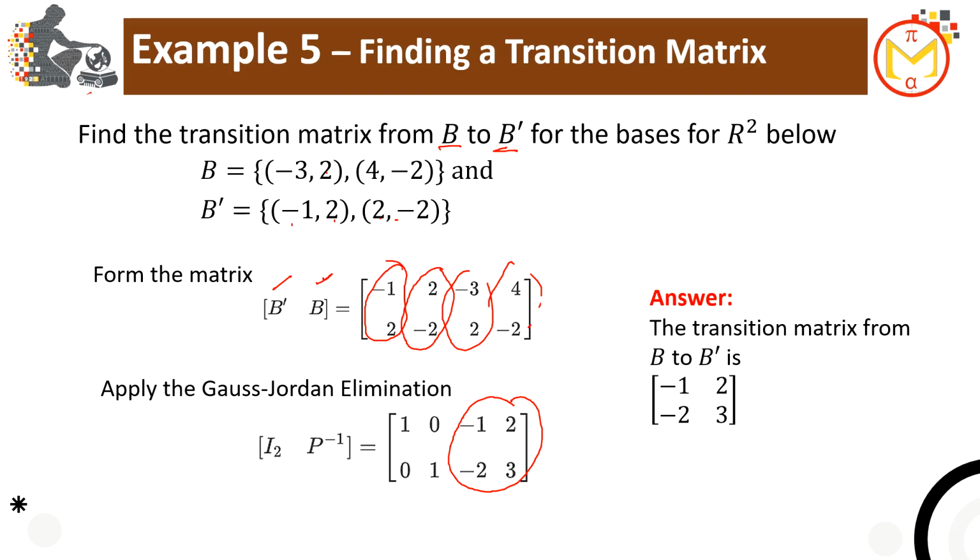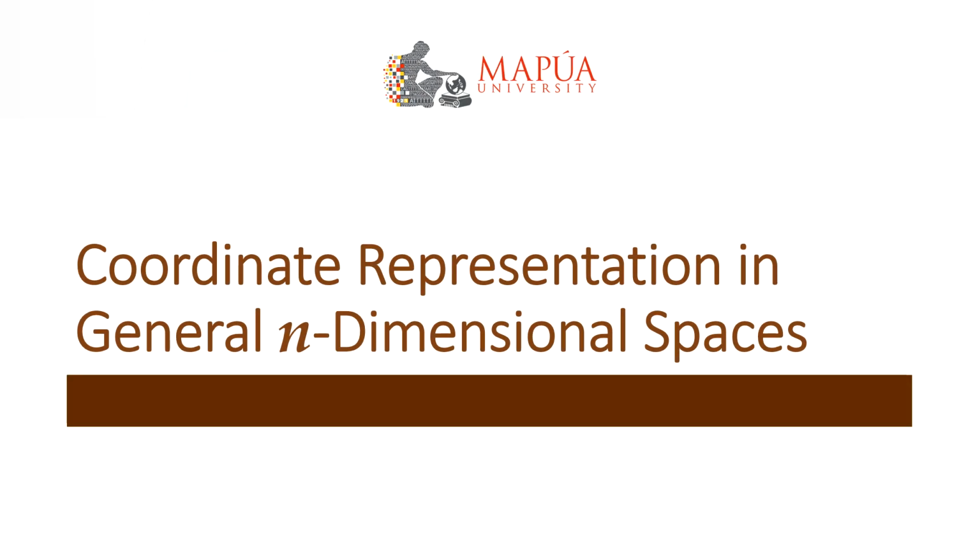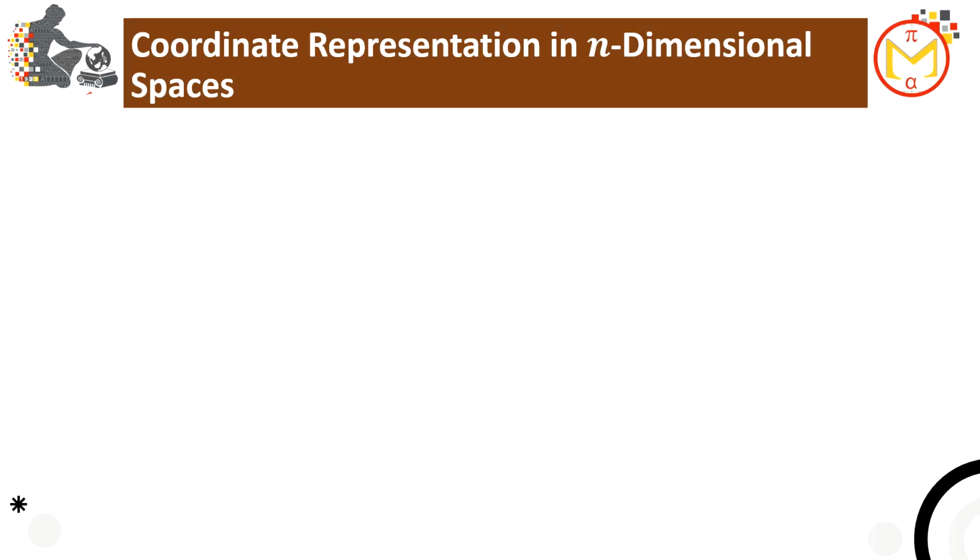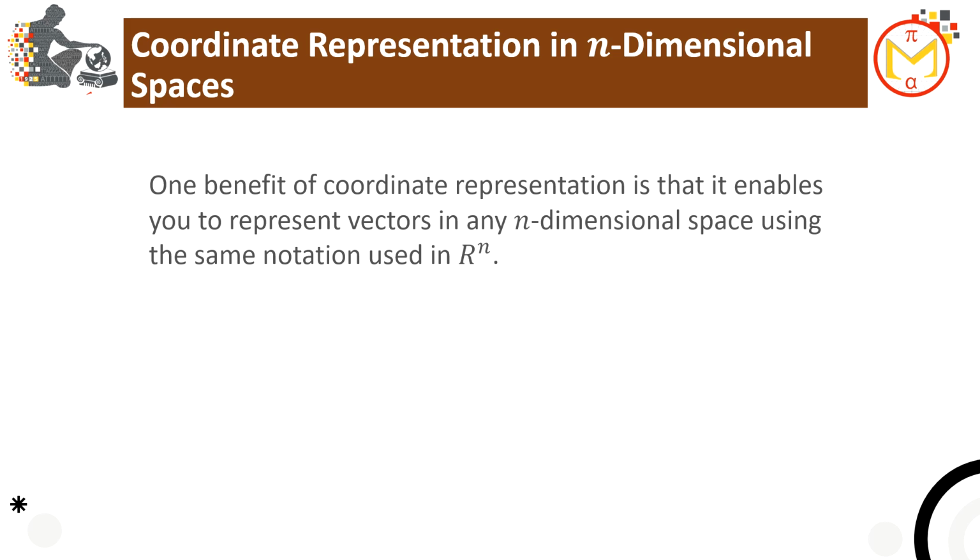All right. Let's move now to the coordinate representation in general n-dimensional spaces. One benefit of coordinate representation is that it enables you to represent vectors in any n-dimensional space using the same notation used in Rn.